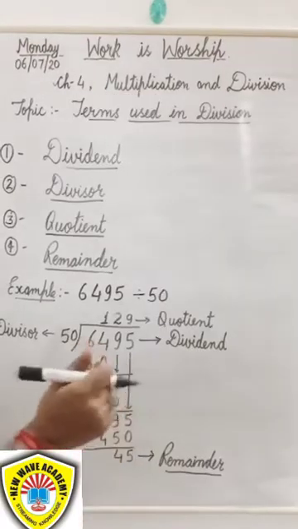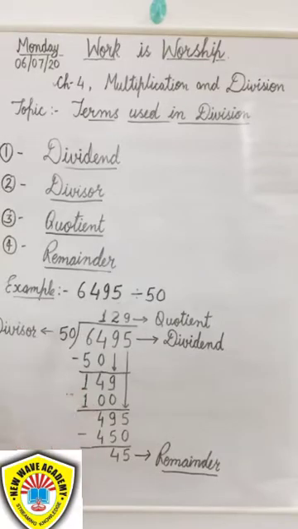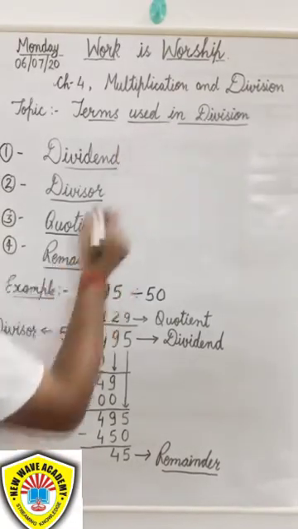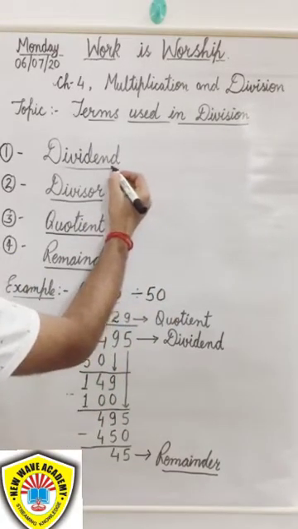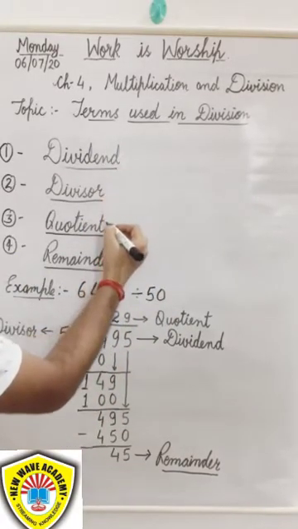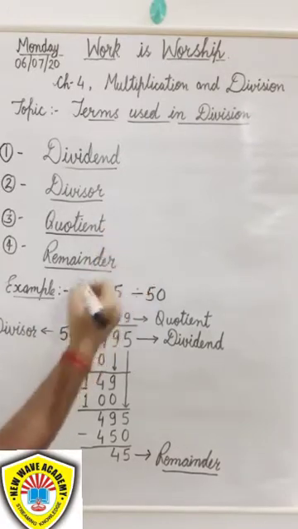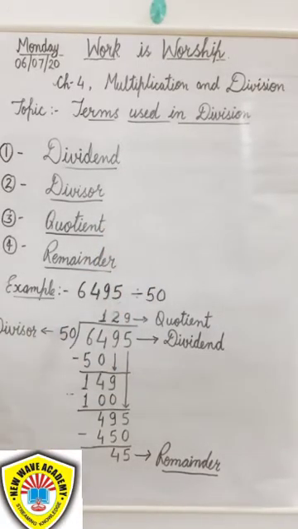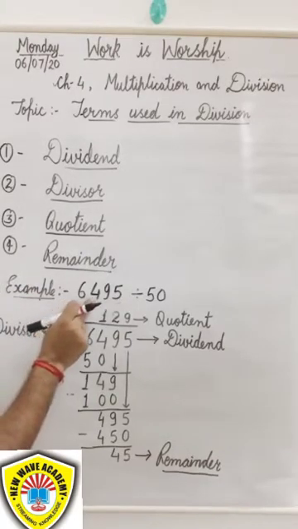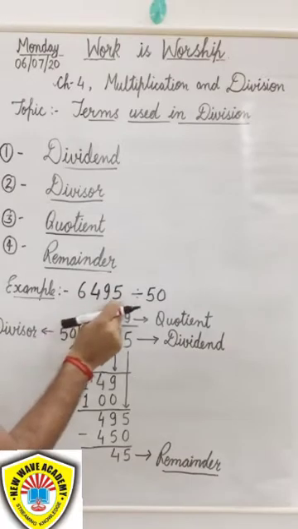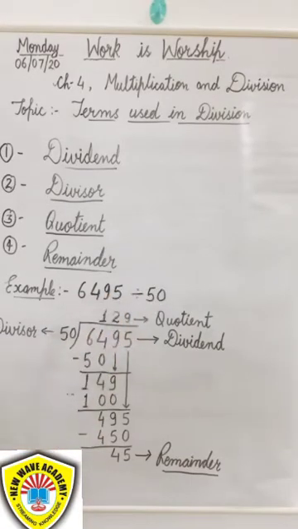Students, before starting the concept of division, first of all we will discuss the terms used in division. Here we have mainly 4 terms. First term is dividend, second one is divisor, third one is quotient, and fourth one is remainder. Okay. Now let us understand with the help of an example. Suppose we have a number 6495, which we have to divide by 50.